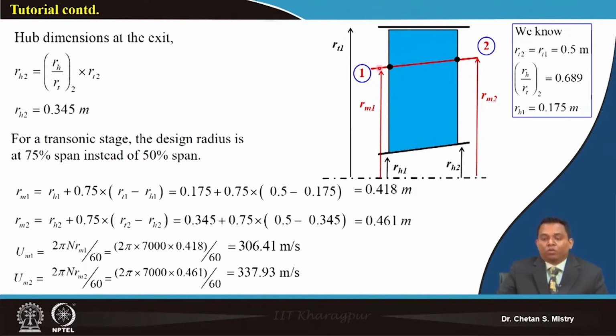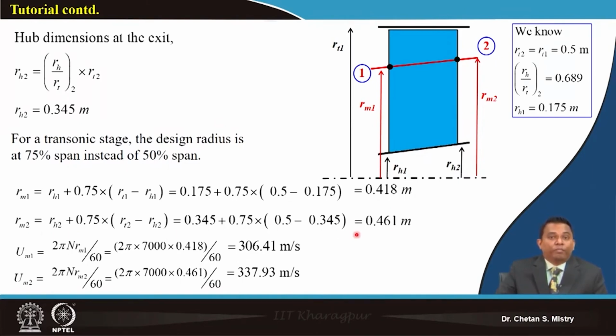So if we draw our inlet area and outlet area based on the radius, we will be getting our 75% span like this. So we need to calculate what will be our R1 mean and what will be our R2 mean. That's what has been calculated based on 75% span. So my mean radius at the entry is coming 0.418, and at the exit, it is coming 0.461.